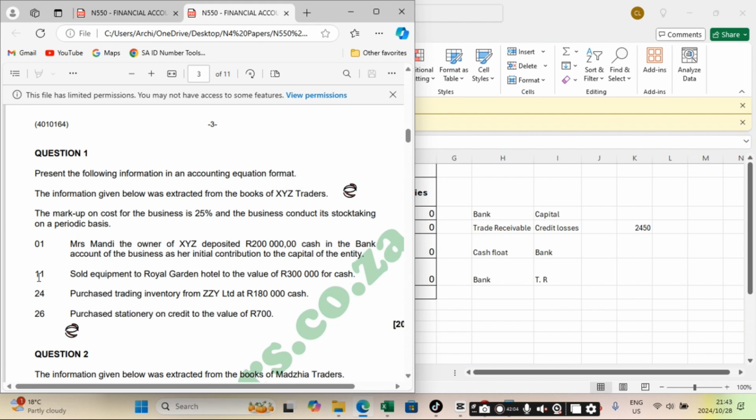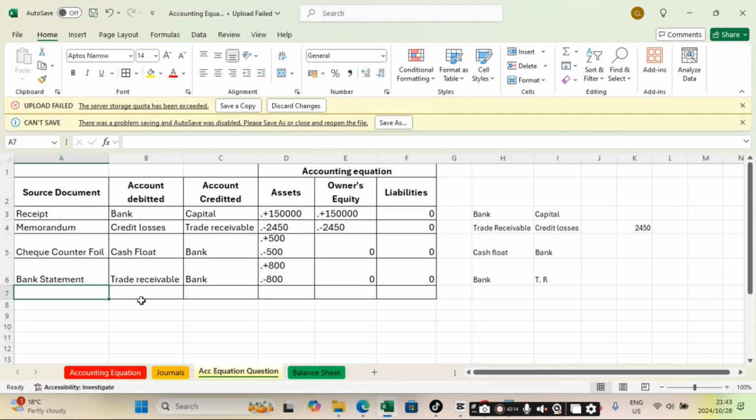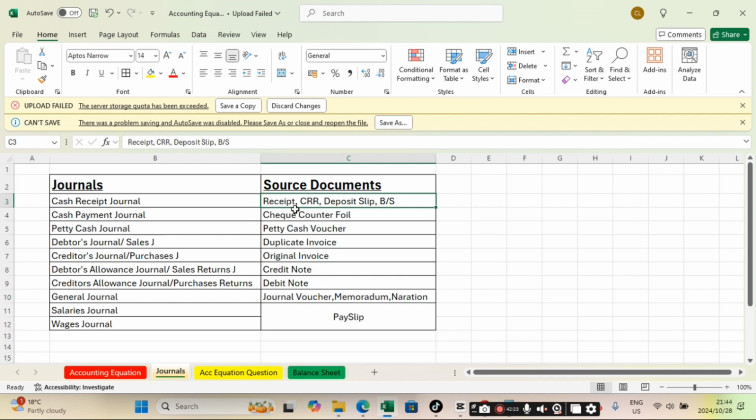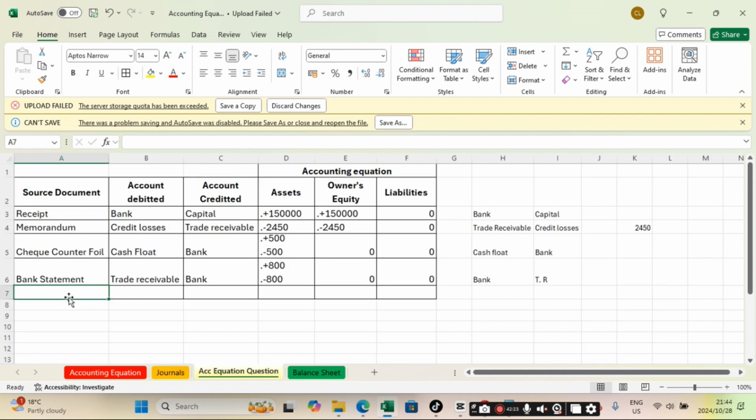And then they said number 11, sold equipment to Royal Gardens to the value of 300,000 for cash. Okay, so let's try to do that quickly. I'll be doing it extremely fast. So what happened? We sold equipment. So since we sold, our CRJ will be affected, so our receipt, and then two accounts will be affected.